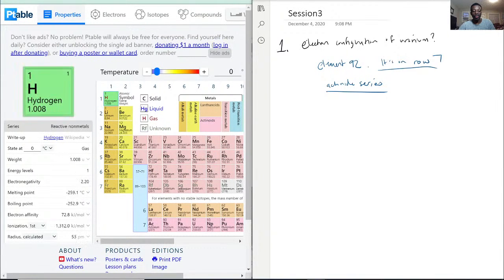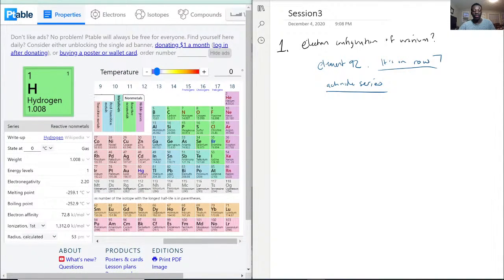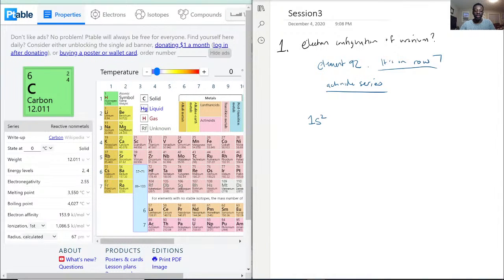So starting from hydrogen, I just like counting through the elements. Hydrogen is 1s1, helium is the only exception, it'll be 1s2. So right now we have 1s2, okay? Then we tackle the next row, lithium and beryllium, that would be your 2s2.